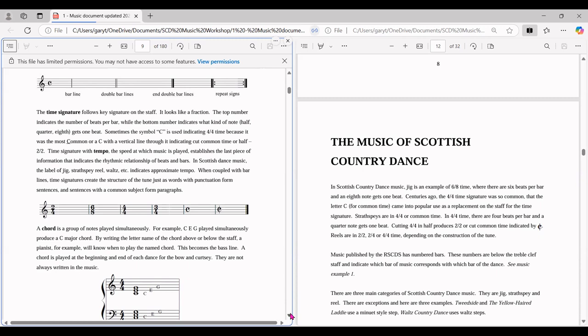The bottom number is telling you what kind of note gets 1 beat. So the bottom numbers are 4, 8, 4, 4.